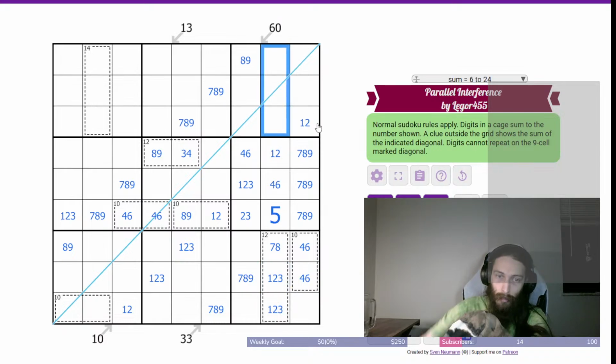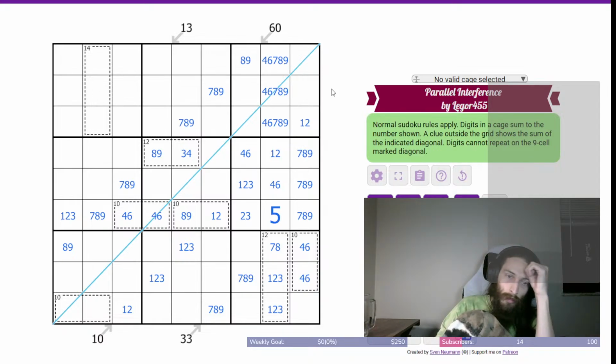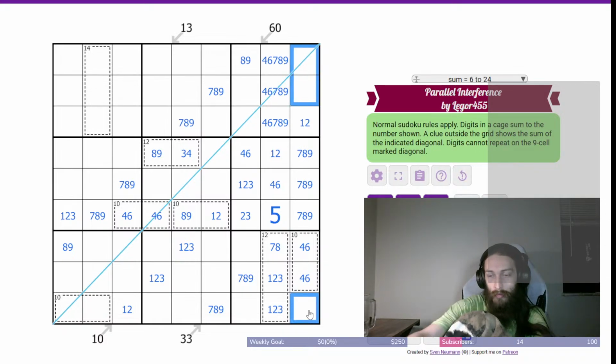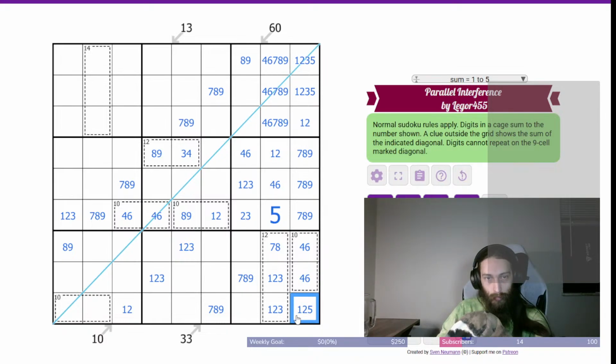I guess I don't really need to mark it because everything else is fixed. One, 2, 3, 5. And this one's not a 3, which means 3 must be one of those two.